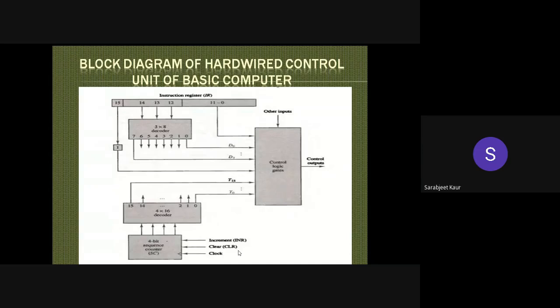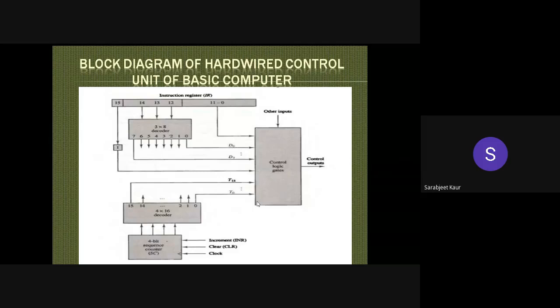Obviously, it is not necessary for every instruction to require all 15 time signals to get completed. Some may only require signals up till T3, some may complete by time signal T5, and so on and so forth.